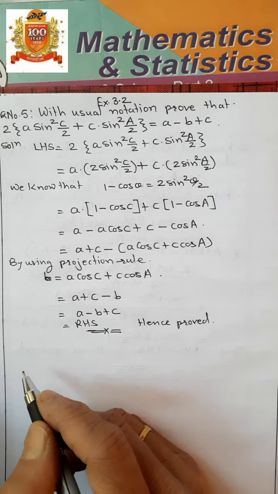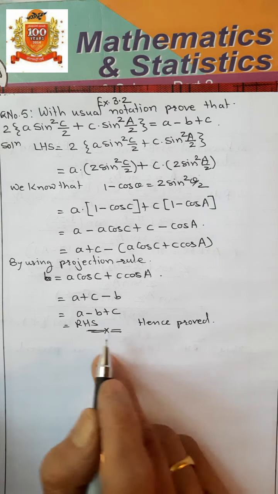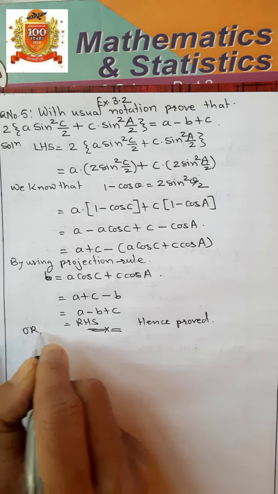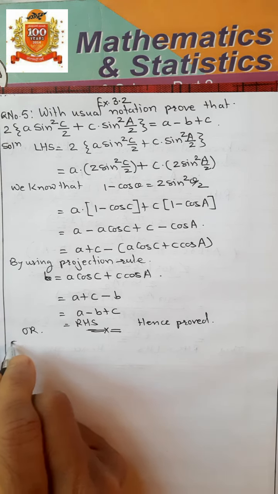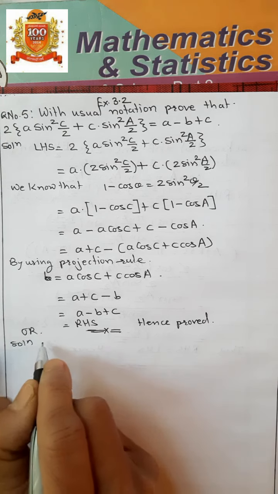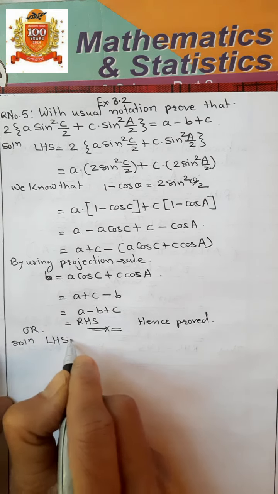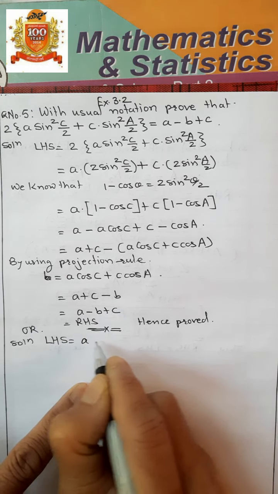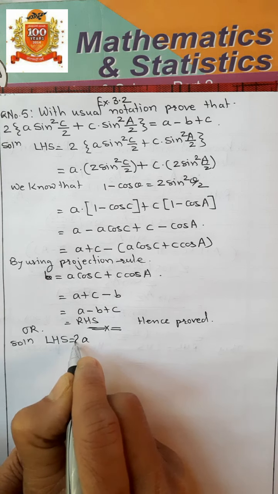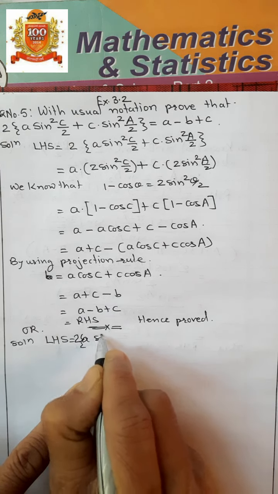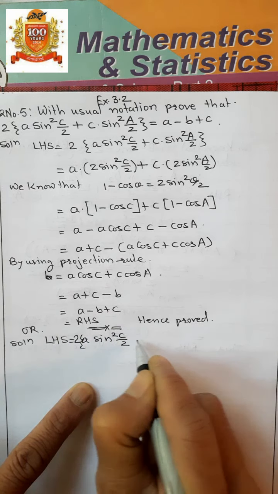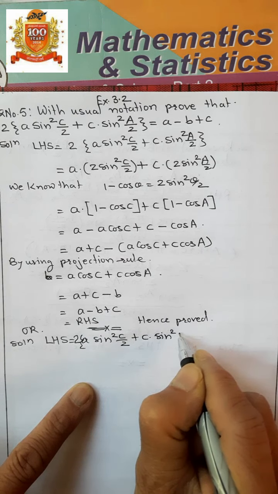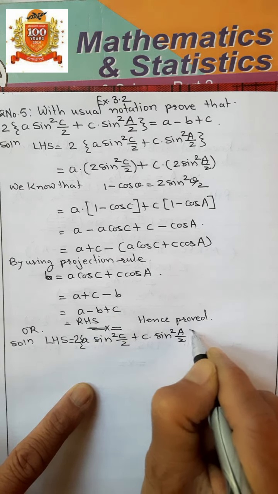This question can be solved by using sine rule also, isn't it? Solution. Consider LHS. LHS is 2 in bracket a sin square C upon 2 plus c into sin square A upon 2, isn't it?